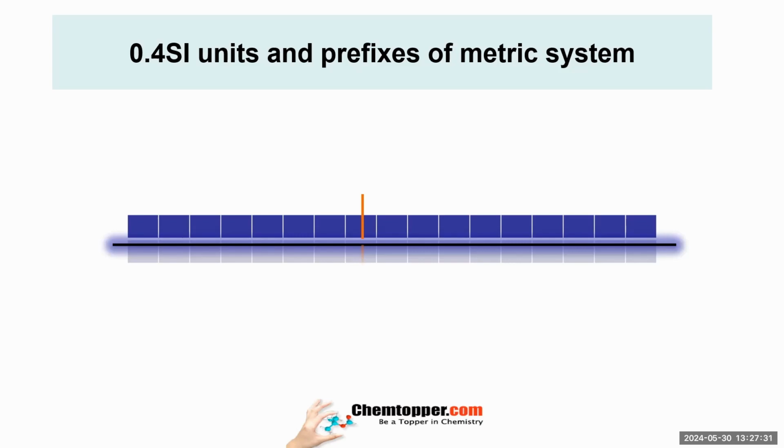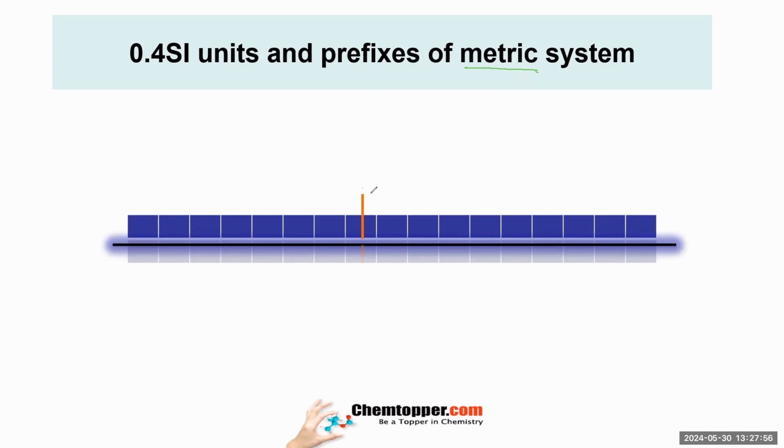So for any physics examination or chemistry examination, these prefixes are very important. They are also called prefixes of the metric system. The metric system is accepted all over the world, and this is done so that we can have a uniform system for measurement.